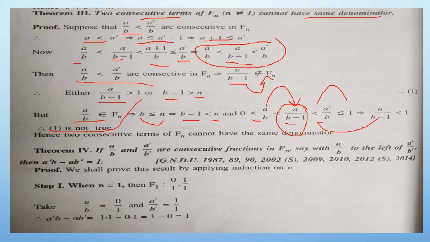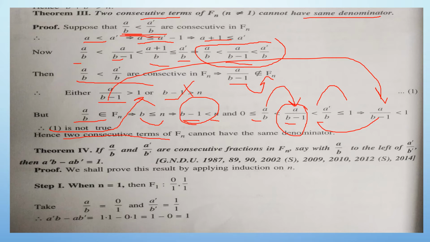Hence, two consecutive terms of Fn cannot have the same denominator, because we started with the same denominator. Condition 1 is not true here because b minus 1 is always less than n. So this is void. Similarly, this is also void here. So we have taken the same denominators, which is a contradiction.